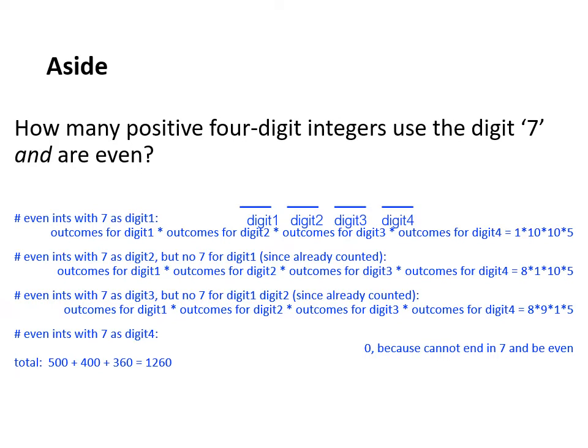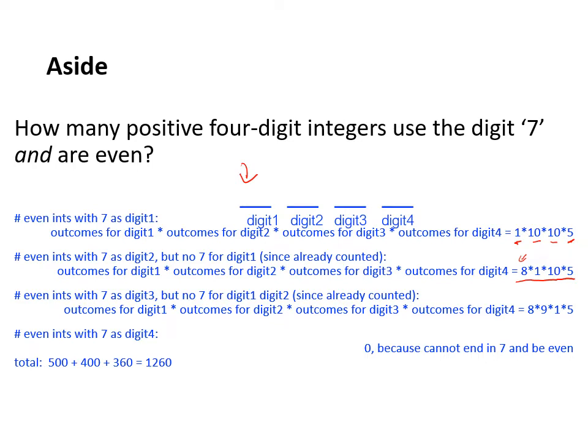And how do we calculate those? Well, if 7 is in the first place, it means we have only one choice for the first place. That's 7. We have 10 choices for the second place, 10 choices for the third place, and we have 5 choices for the last place because the number has to be even. So it has to end in 2, 4, 6, 8, or 0. When 7 is in the second place, this is what calculates the number of outcomes. We have 8 for the first digit because it cannot be 7 or 0.